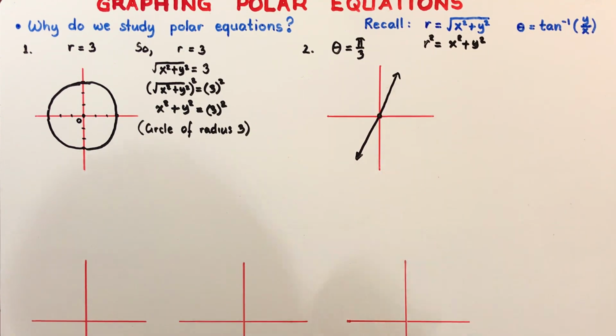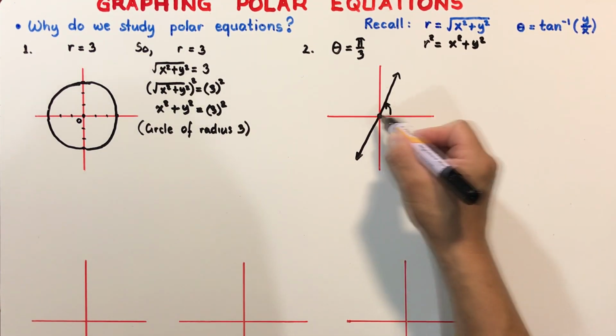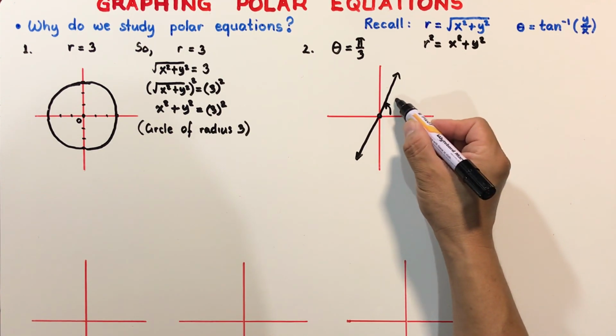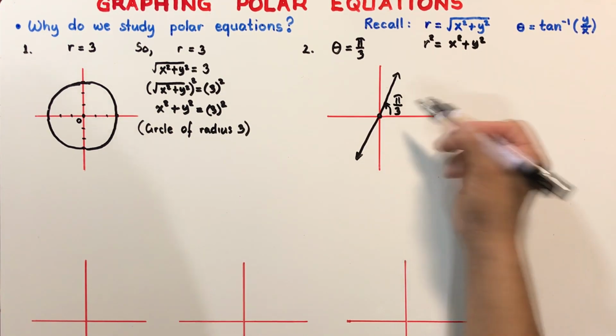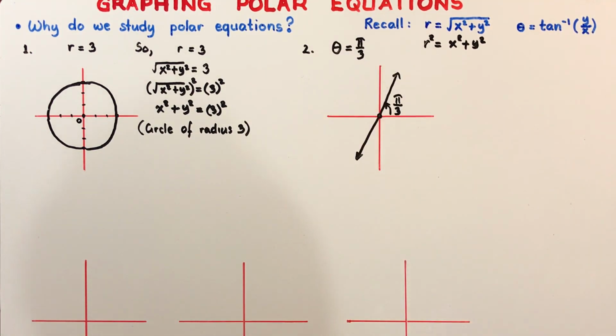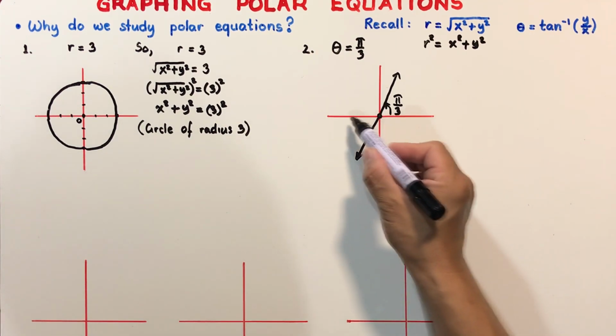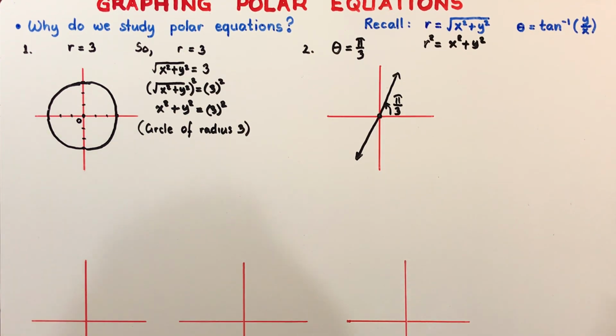And this line makes an angle from the positive x-axis of pi over 3. And to prove to you that this is a polar equation of a straight line, which makes an angle of inclination from the x-axis of pi over 3, I can convert this one to its equivalent rectangular equation.